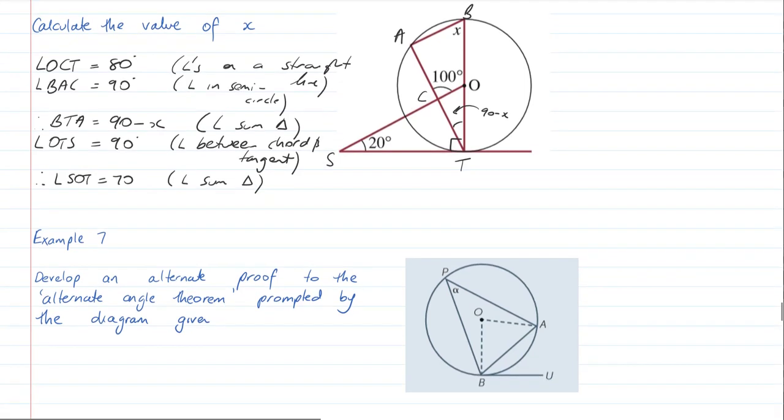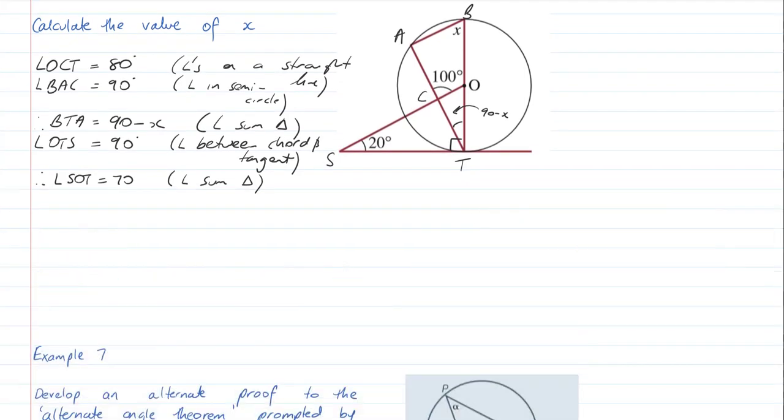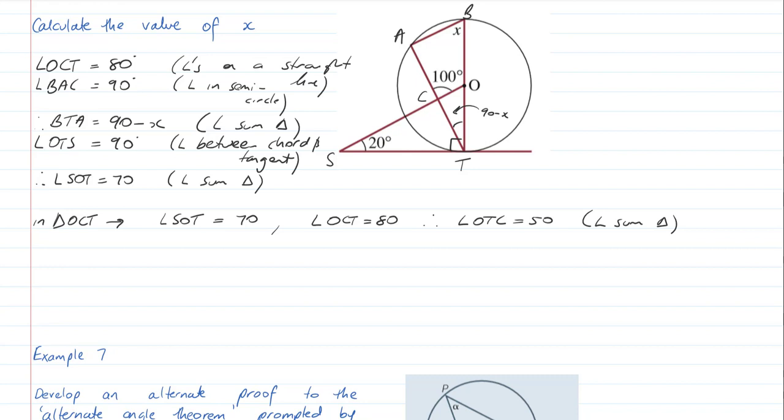And then if I consider, I'm wondering if there was maybe a shorter way now, but if I consider triangle OCT, I've got angle SOT equals 70, and I've got angle OCT equals 80, and so therefore angle OTC equals 50, which is angle sum of a triangle, 180 minus 70 minus 80, and by 50 I mean 30, of course.